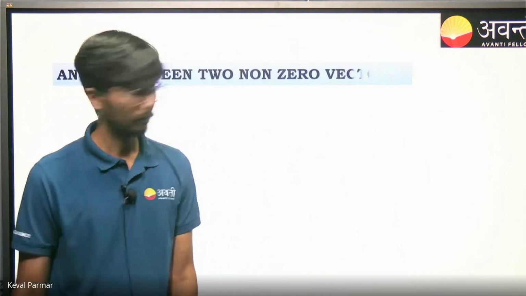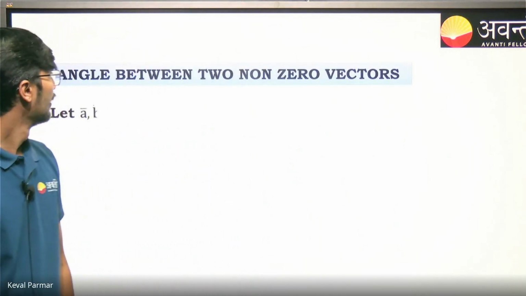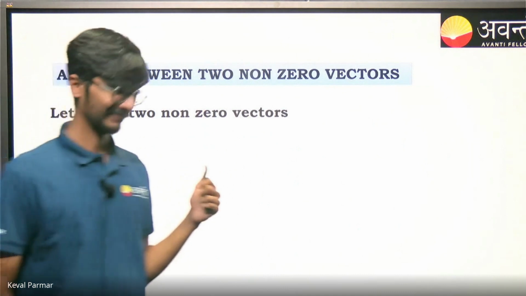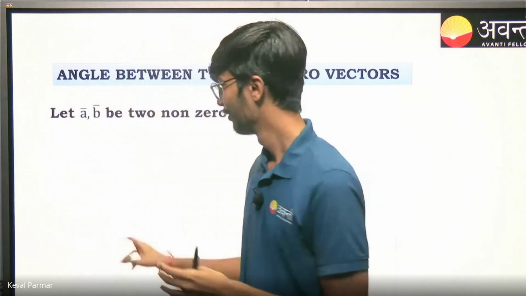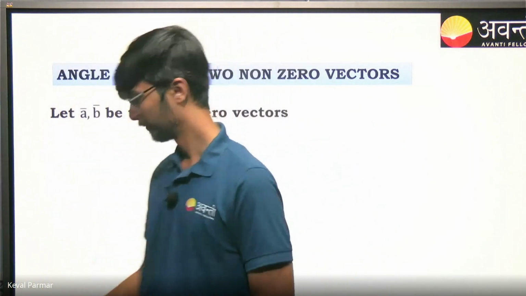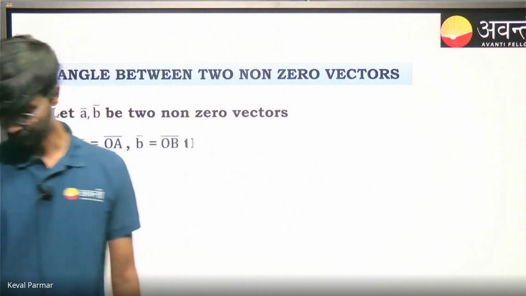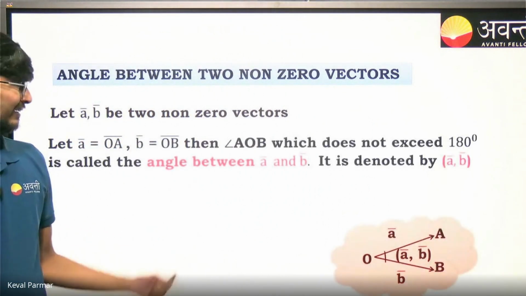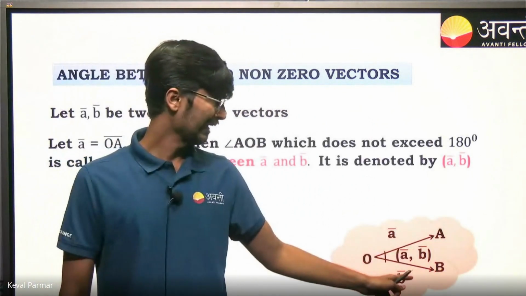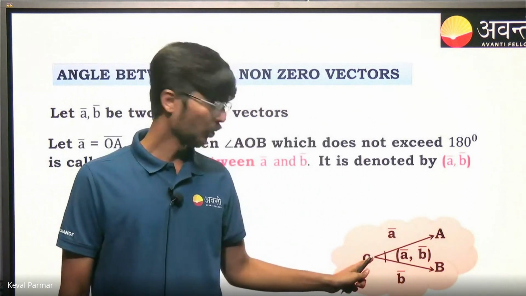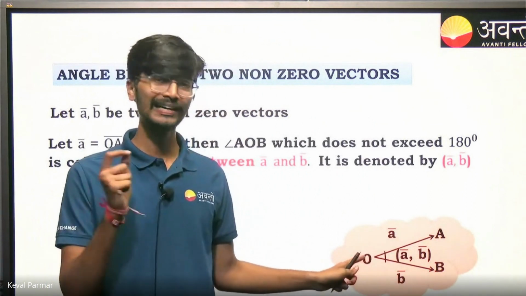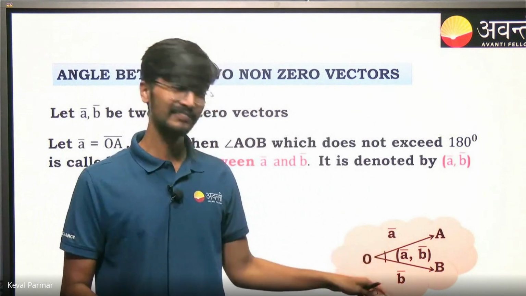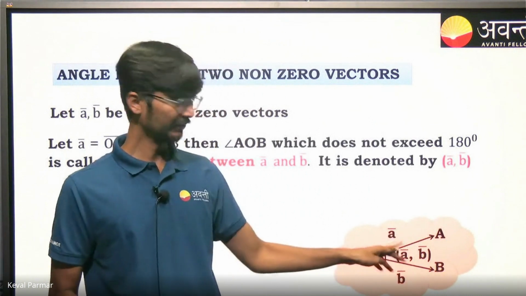Okay. What is the next topic? It is the angle between two non-zero vectors that we already talked about. So let's see what is the angle between two non-zero vectors. Here also, I can calculate the angle between two non-zero vectors if these are co-initial or co-terminal, and it is denoted by bracket A bar comma B bar.